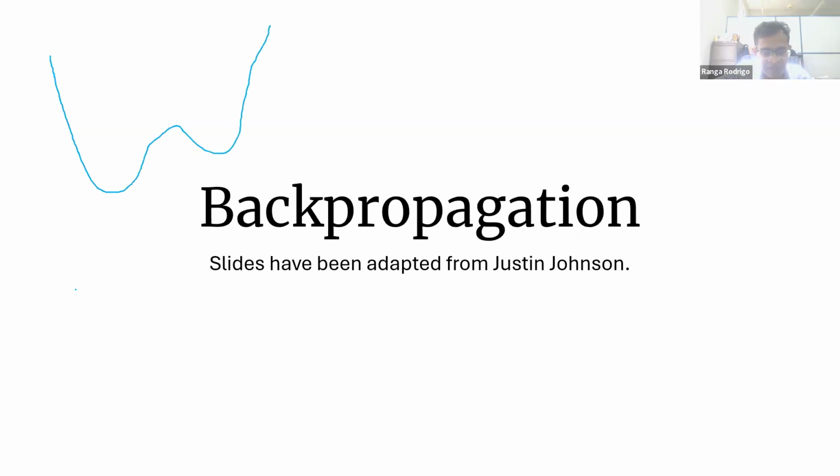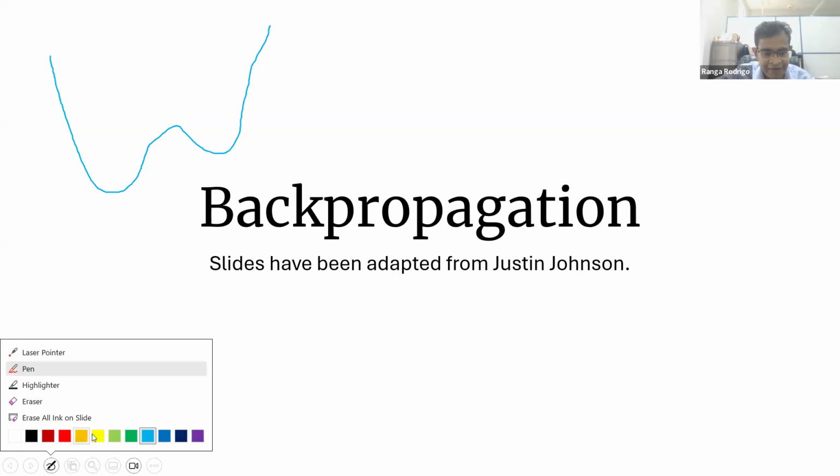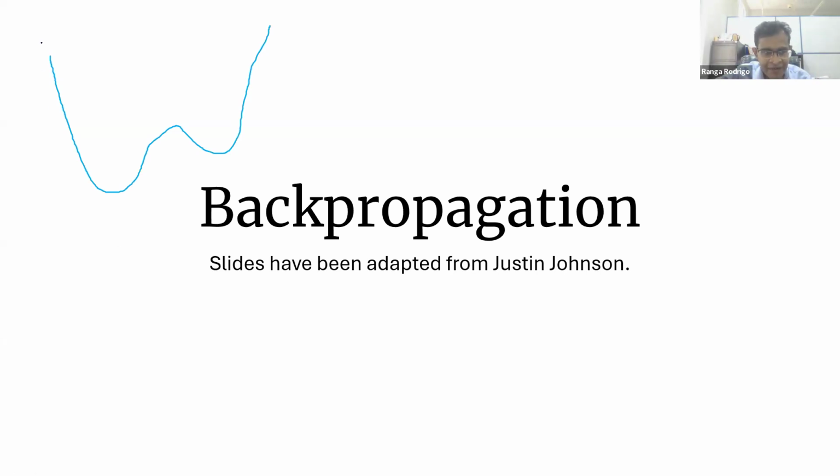We said that when we take some point along the x-axis called x naught, and want to go to the minimum, we estimate the gradient, and we understand that the gradient is positive here, a small angle made with the x-axis.